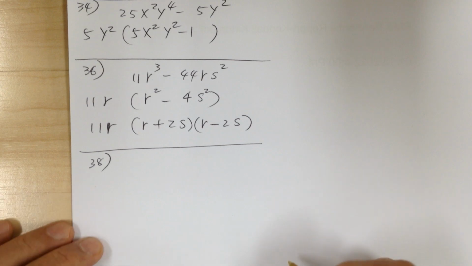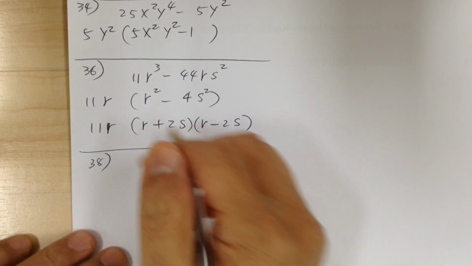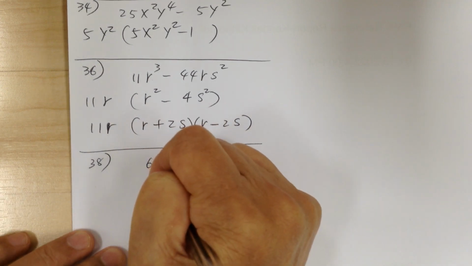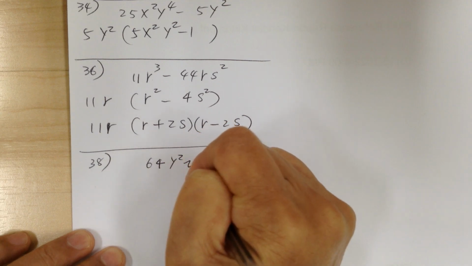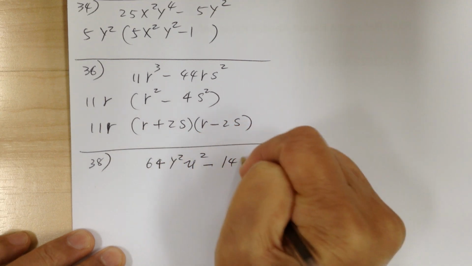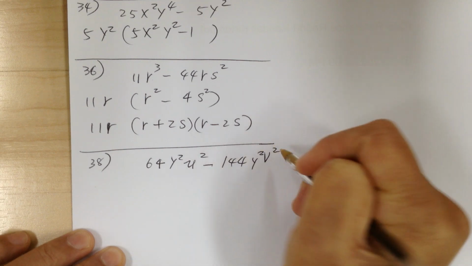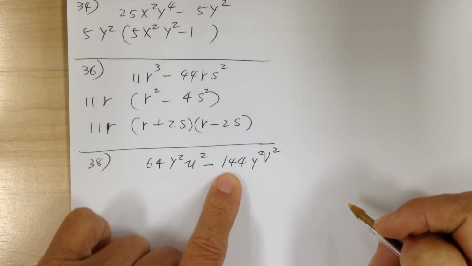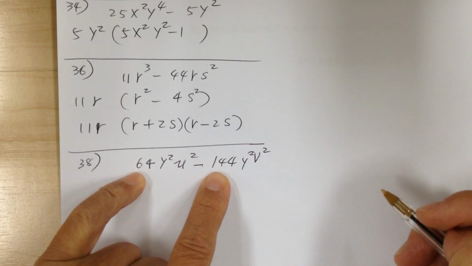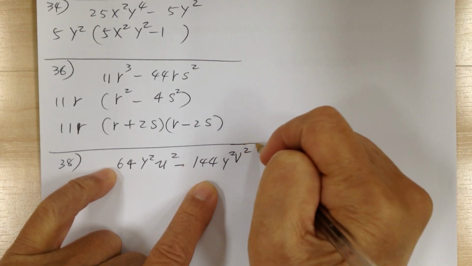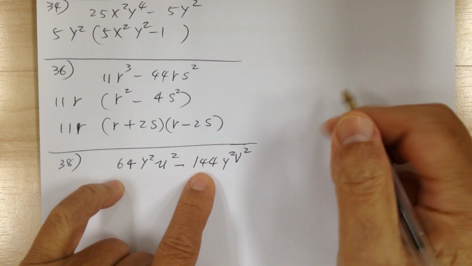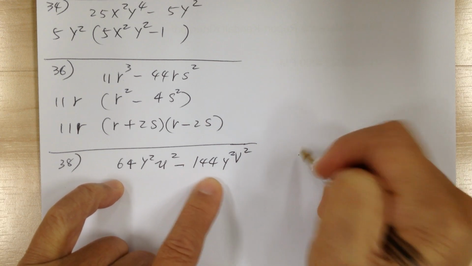Okay, let's go to number 38. You have 64 y squared u squared minus 144 y squared v squared. Okay, so the number is kind of really big, so you don't know off the top of your head. That's okay. You just go off to the side to find out your GCF.